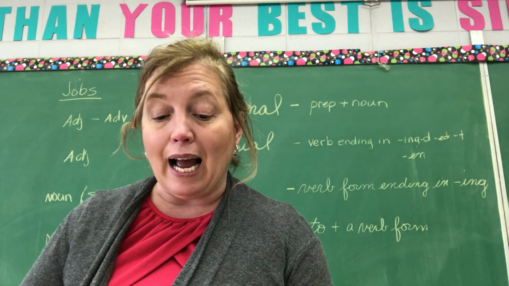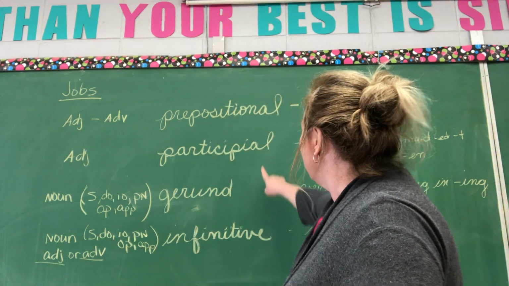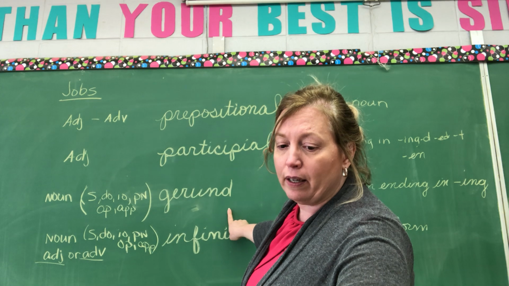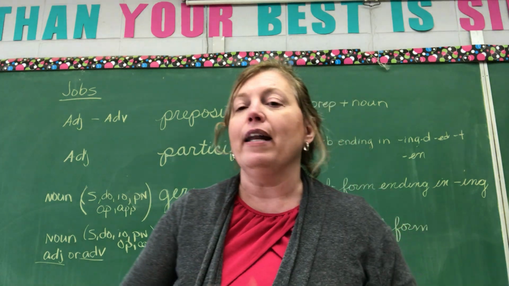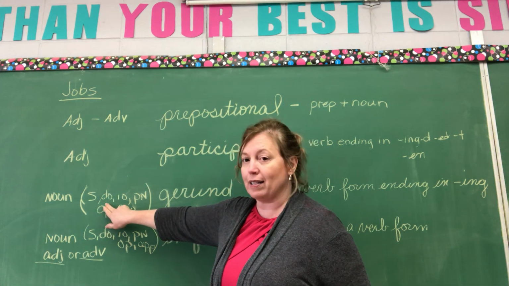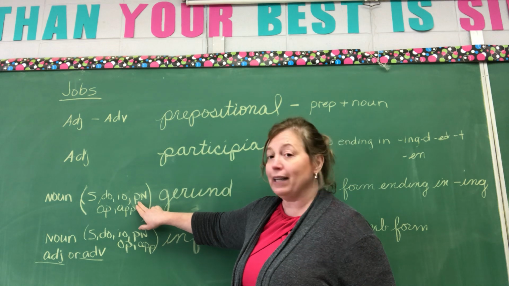It ends in an ing, but does it describe? No. So we know that it's not a participle. It's going to be a gerund. Now, how is it acting? Is it acting like our subject? No. The direct object? No. An indirect object? No. The predicate nominative?